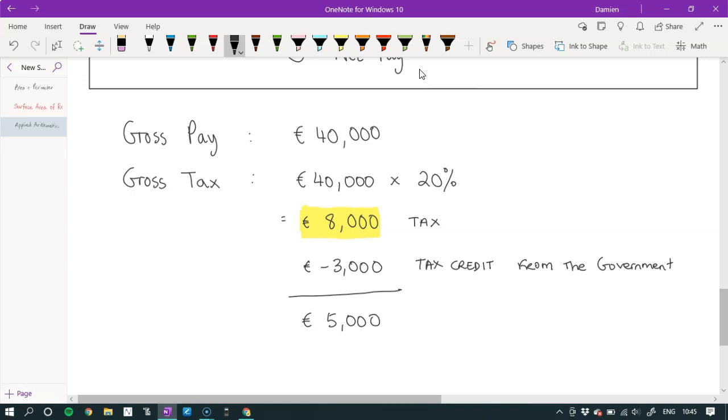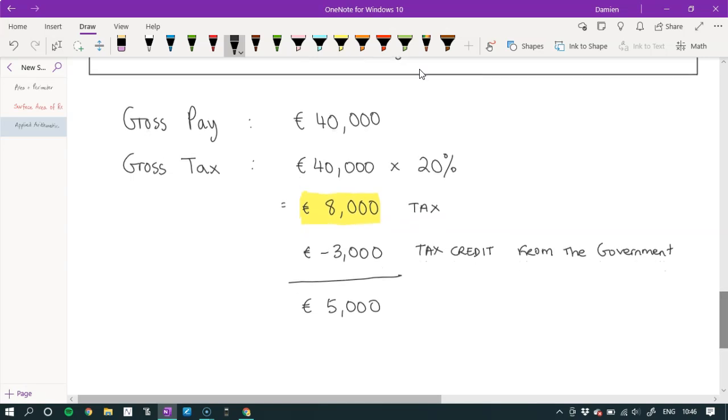You can also get different types of tax credits depending on your circumstances, depending on how much money you make, depending on if you're in difficult circumstances. So everyone has got different tax credits. So that's why they don't just take less money from you, they give you a tax credit. And as you grow up, you can change your tax credits as you're working. So here we've got 8,000 in tax. We no longer have to pay that. We've got our tax credit of 3 grand.